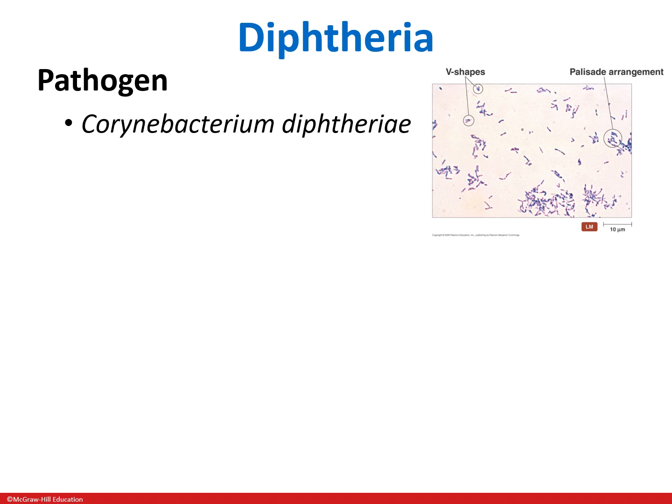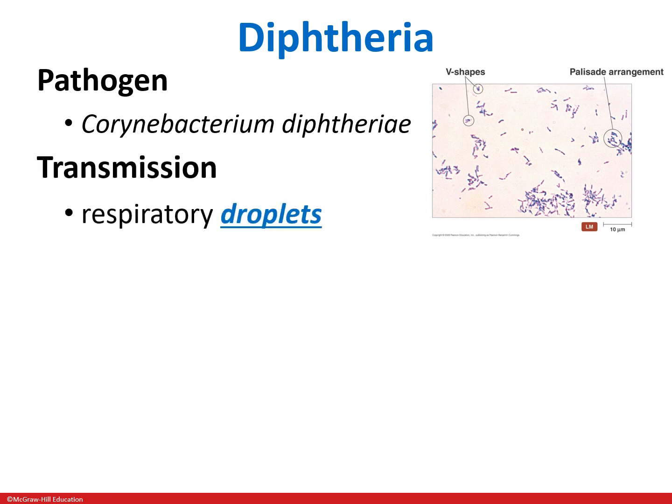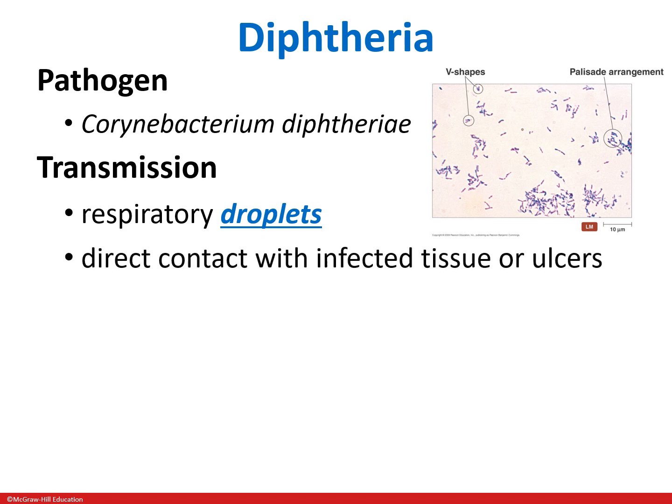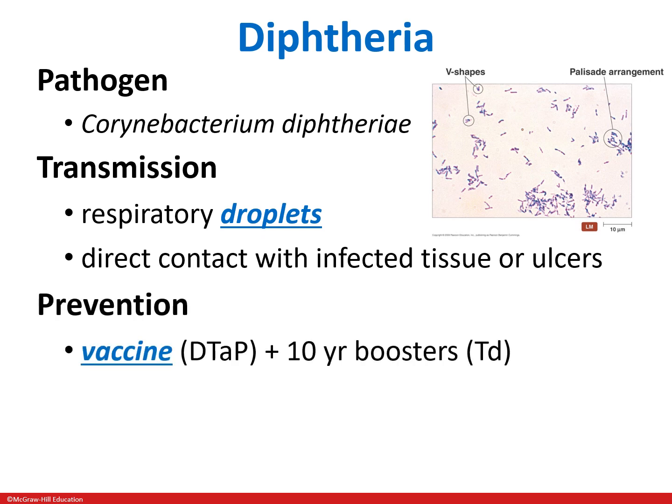Then we have diphtheria, which is another bacterial disease of the respiratory system. So Corynebacterium diphtheriae. This is also transmitted through respiratory droplets, but can also be transmitted through direct contact. Depending on where the infection is, those tissues are also infectious.